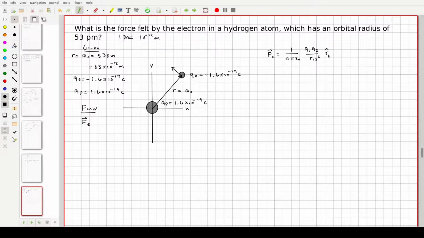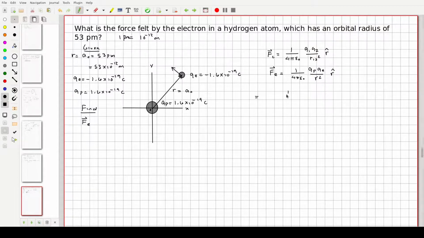Since we're placing the proton at the center, and the electron is going around it, we're just dealing with r, which is just pointing to where the electron is. So we can drop all the 1,2s here. I'm going to call this F sub E. Charge of the proton, charge of the electron over r squared r hat.